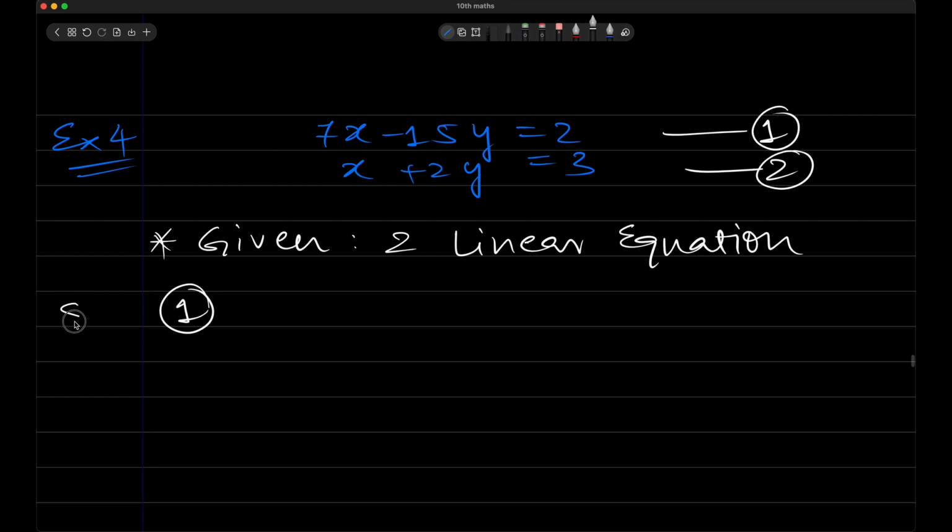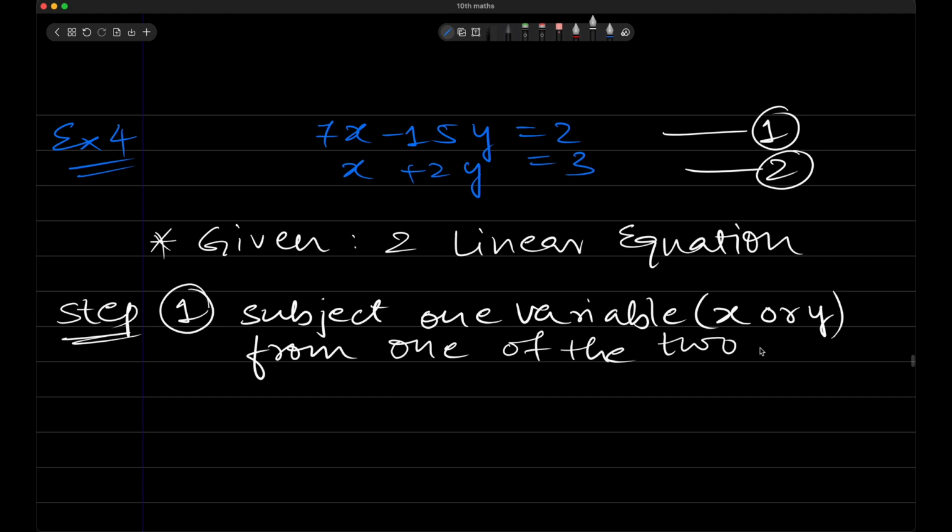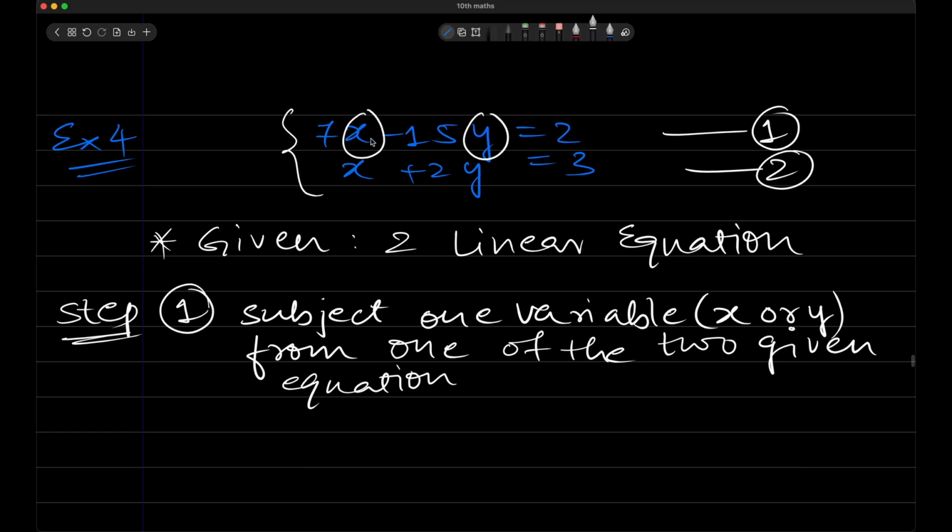Step 1: make one variable, either x or y, the subject from one of the two given equations, that is equation 1 or equation 2.